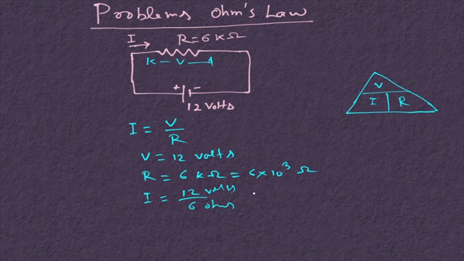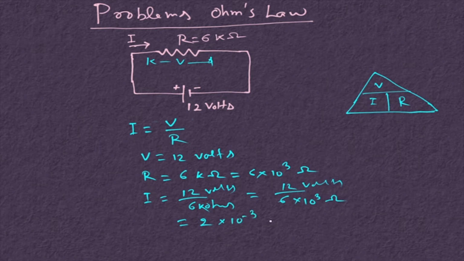12 volts divided by 6 kilo ohms. You can again write it, 6 kilo ohm should be written in ohm: 12 volts divided by 6 kilo ohm. That is equal to 12 by 6 is equal to 2, and 10 to the power 3 will go to the numerator.